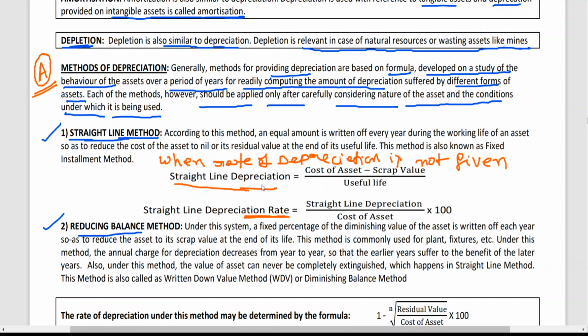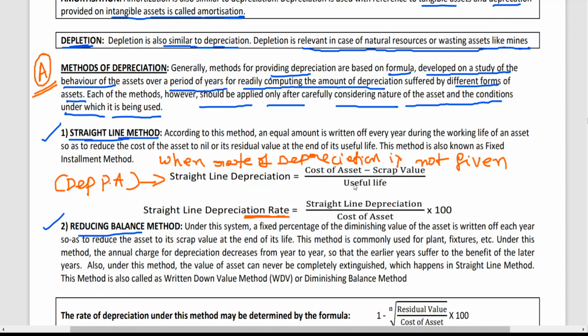Please understand, we need to use the formula when the rate of depreciation is not given. Straight line depreciation per annum is cost of asset minus scrap value by useful life.